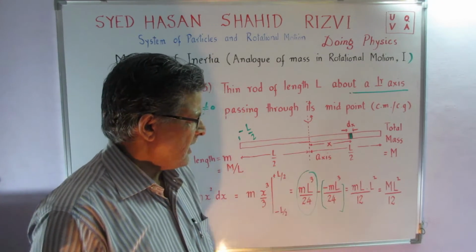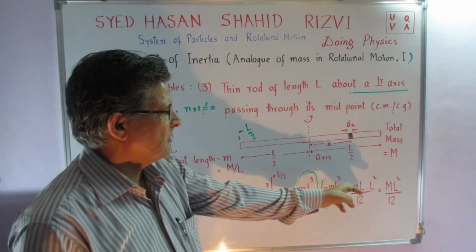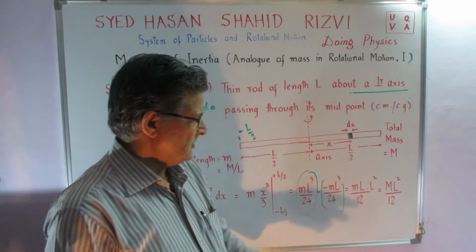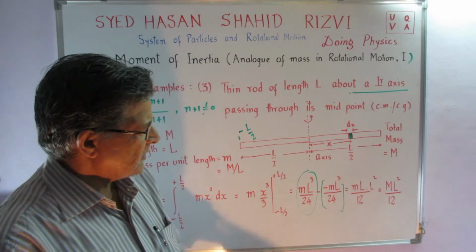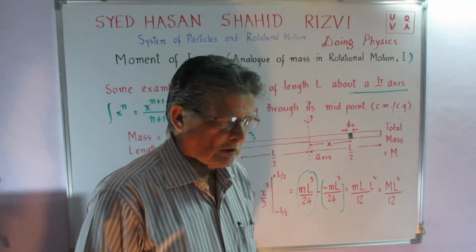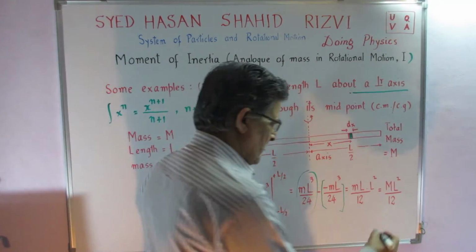I am separating ml separately because this will give you the entire mass of the rod under consideration, so this turns out to be equal to ml square by 12.